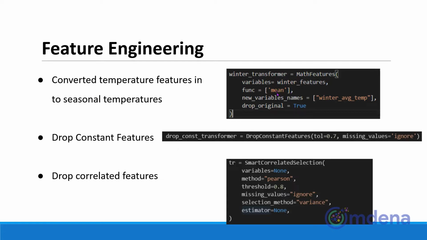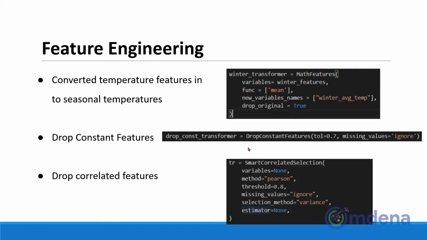Here I have done average, so I have taken the mean. And if we do that, we can create a new column with the average values of all these features. I'm using drop original equal to true. That means it will drop all the winter features and just add this winter average column alone. If we want to keep all our other features as well, we have to set it to false.